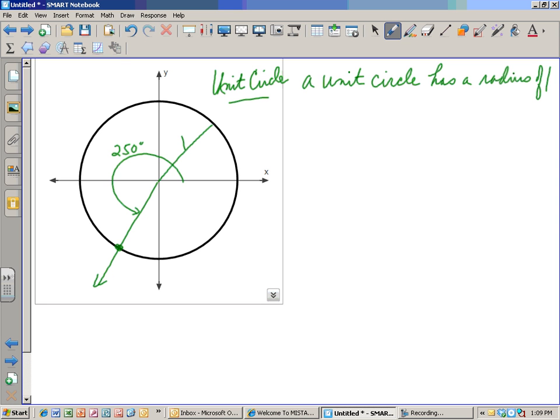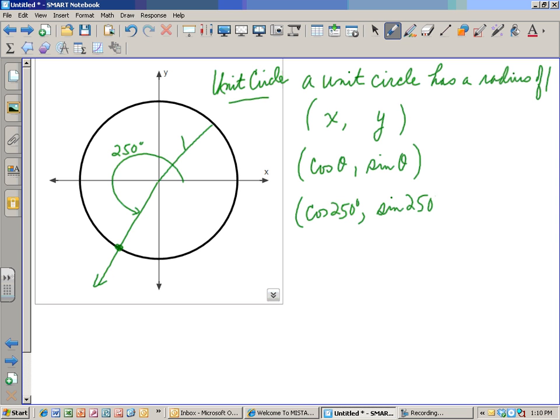The radius is 1. And so in order to find that x and y coordinate, we know the x coordinate is r cosine theta, but the radius is 1, so it's simply cosine theta, right? 1 cosine theta is just cosine theta, and sine theta. So in order to find it, it is cosine 250. That's not a special angle. That'll give you the x coordinate, and sine of 250.